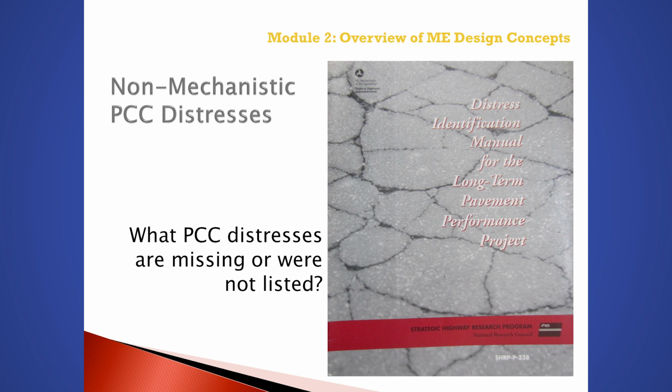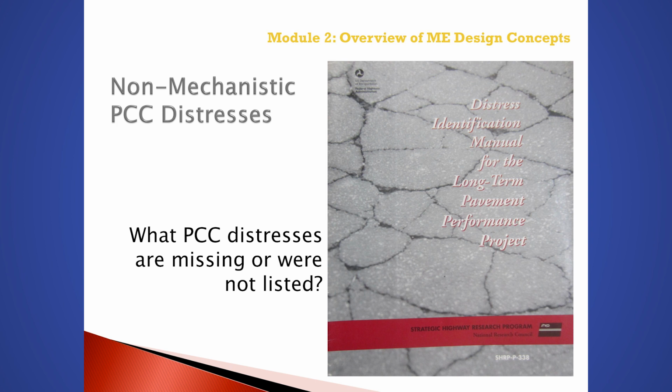As you start to use the PMED software, give some thought and consideration to those distresses that are not mechanistic or mechanistically controlled and how they impact performance in IRI. Indirectly, some of the other distresses do impact the IRI growth or degradation in smoothness over time. As an example, spalling.